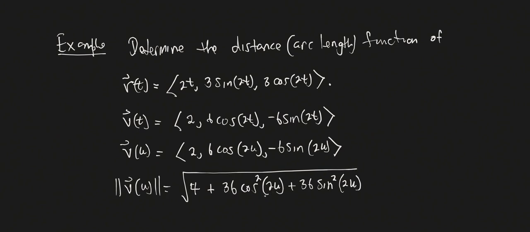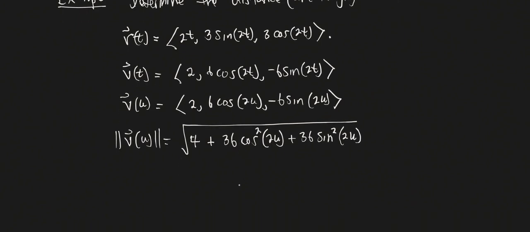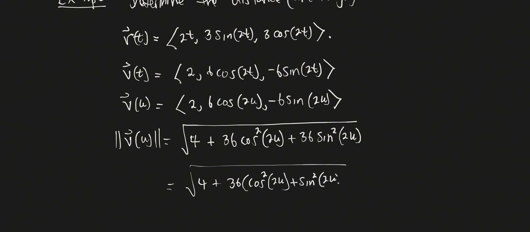And then we take the square root of that, and we see the same pattern that we've seen several times now with the Pythagorean identity, cosine squared, sine squared. So under the square root, out of the second and third terms, factor out a 36. That leaves cosine squared of 2u plus sine squared of 2u. And then again, what's in the bigger pair of parentheses, that is equal to 1.